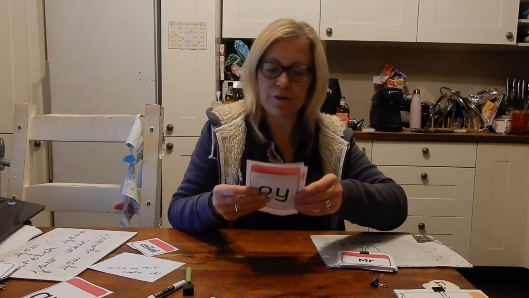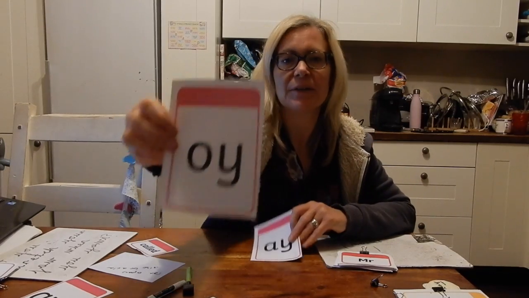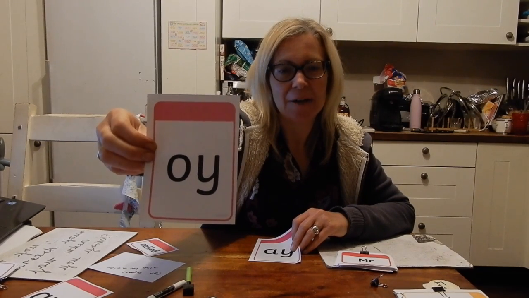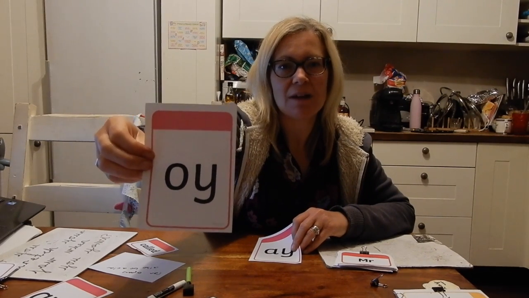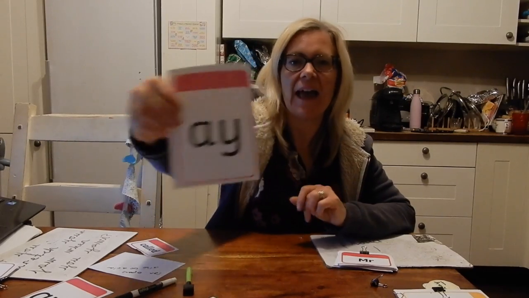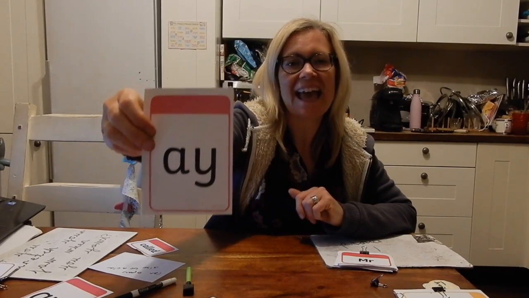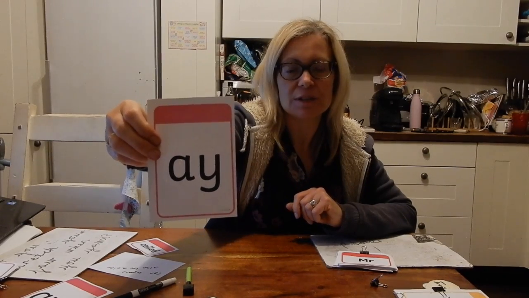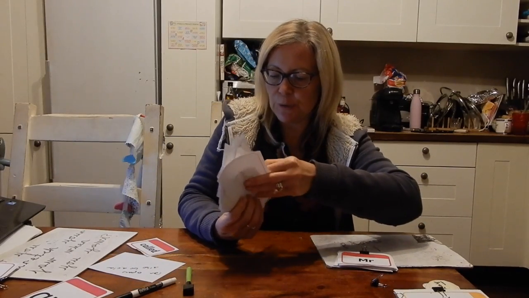Oh, and two more new Phase 5 ones lurking at the back. This one is another way of making the oi sound, but usually at the ends of words or the ends of syllables, with an O and a Y. And this one, another way of making the A sound, but usually at the ends of words or syllables. Right, okay, let's move ourselves on to our new sounds.